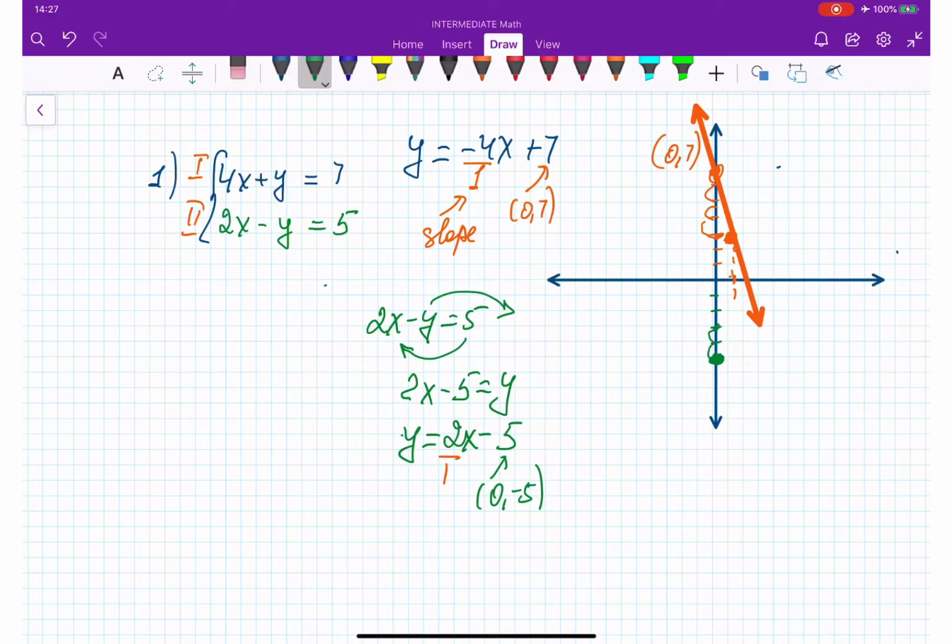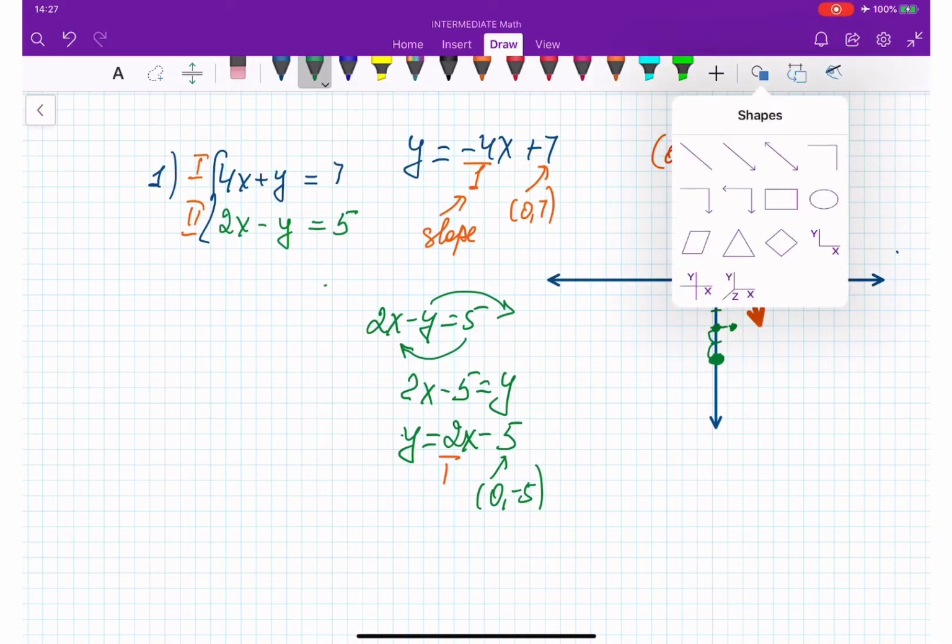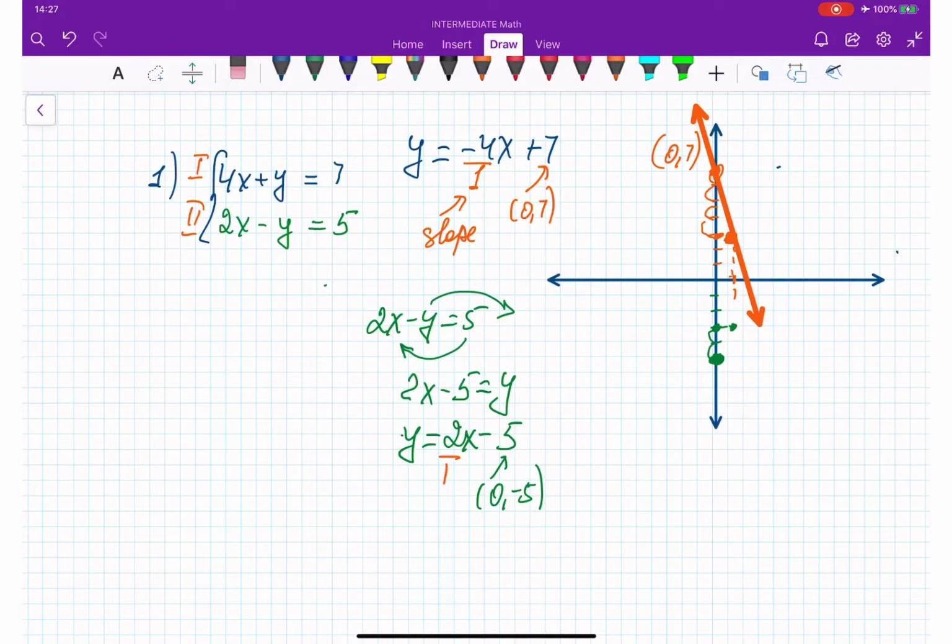So up by 2 gives negative 3, and then positive 1, coming this way. Okay, and the graph is going to go like this.